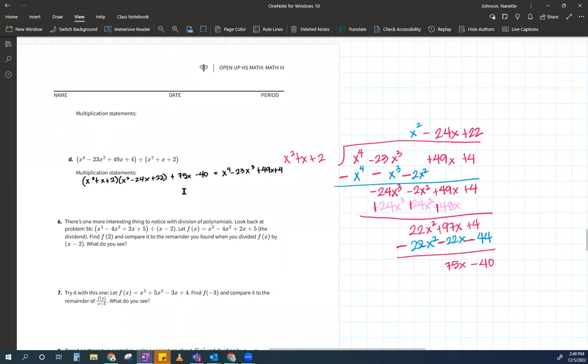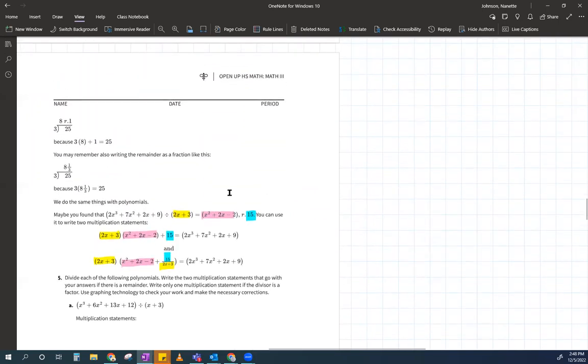This is the one with the remainder being added by itself. The other one is just 2 big parentheses, and the first one looks exactly like the first one. So x squared plus x plus 2 starts off exactly the same, times x squared minus 24x plus 22. Then we're going to add, and this is the equivalent of, remember how we used to write it, there are 2 ways to write it. This way here with the r, and then we would just add it to 1.